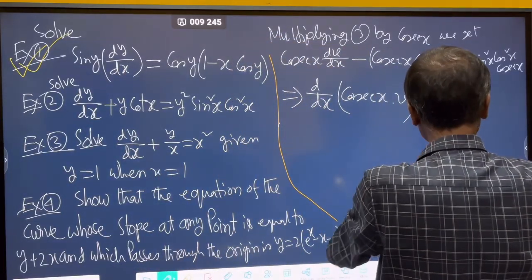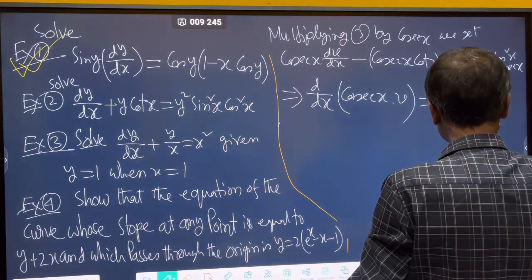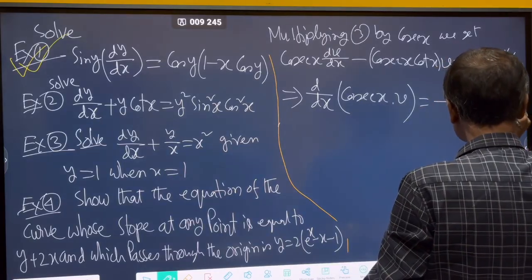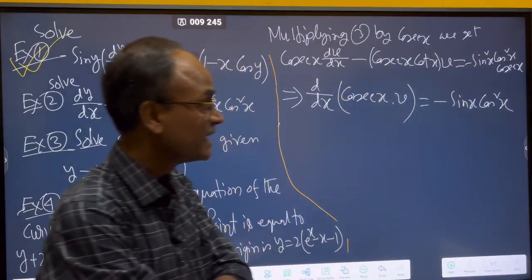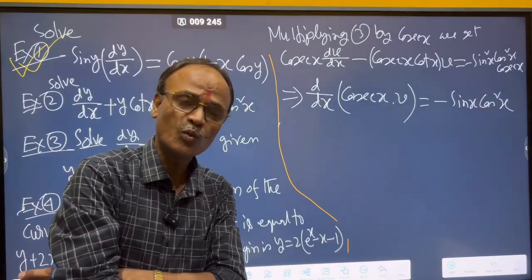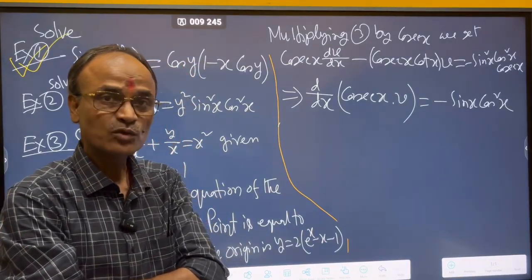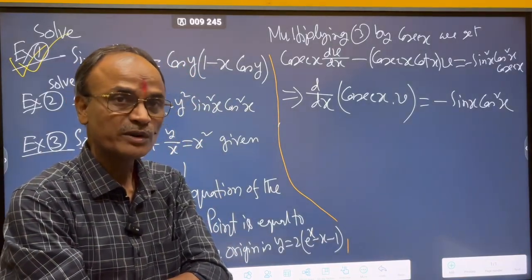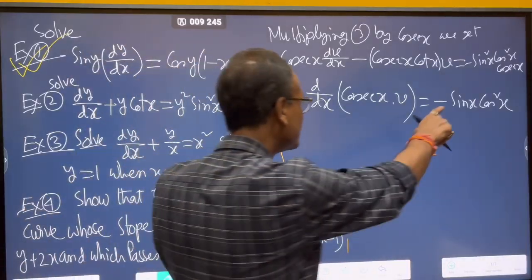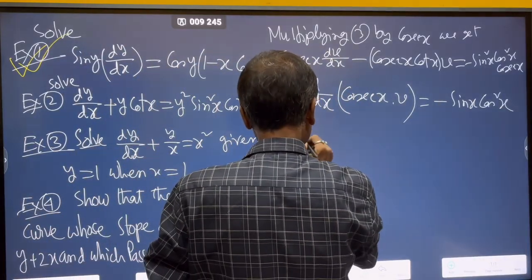This is equal to minus sin x into cos square x, because sin square x into cosec x equals sin x.